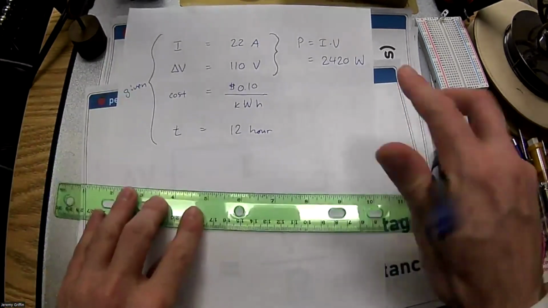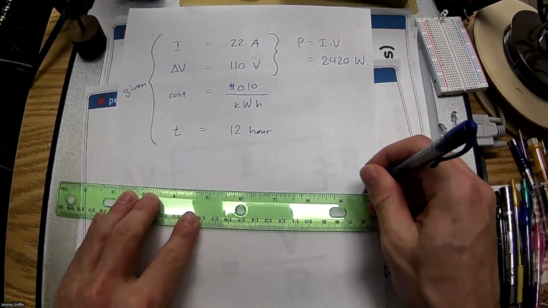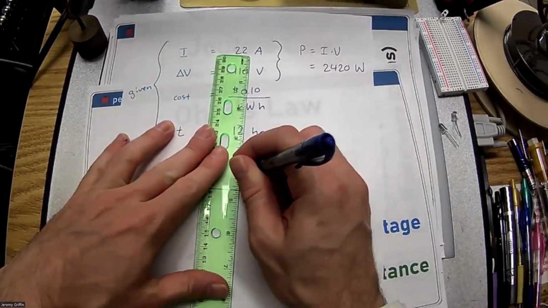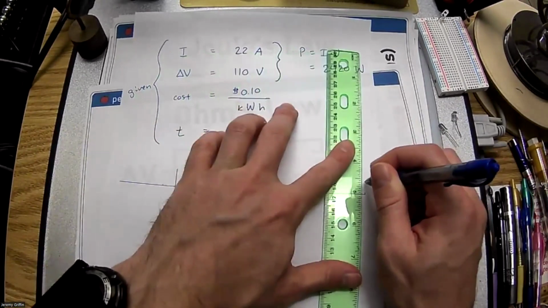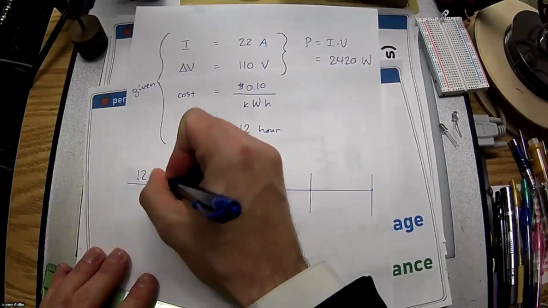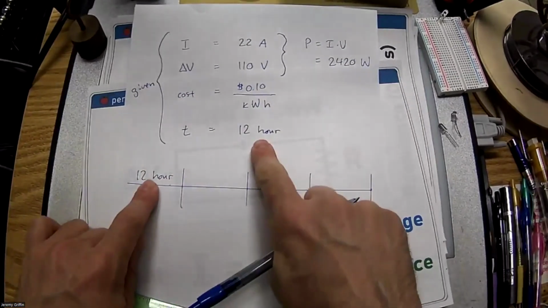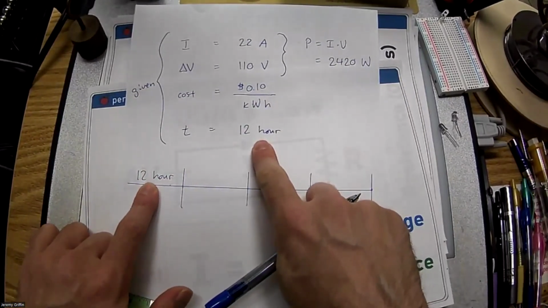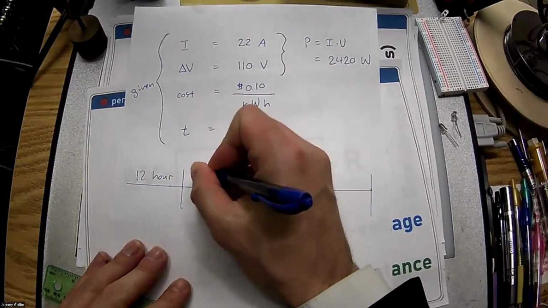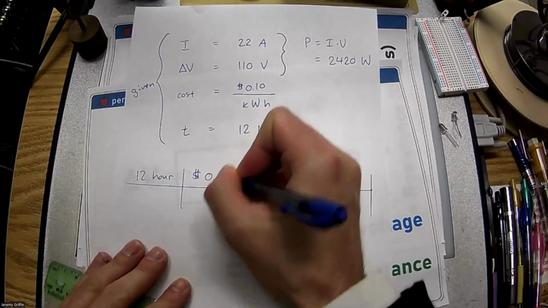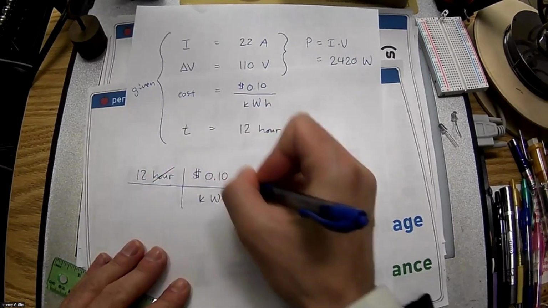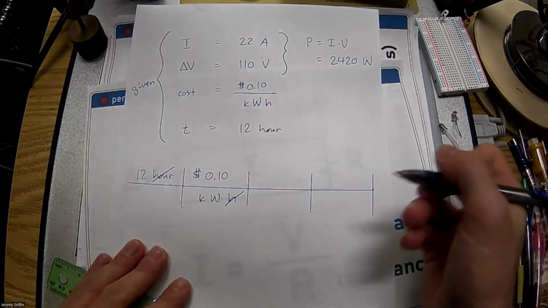It's time for a dimensional analysis table. Dimensional analysis. Let's break it up with some railroad tracks. So we're starting at 12 hours, like our given values. I need to convert that to money in dollars. All I know is there's $0.10 per kilowatt hour. So hours goes away.